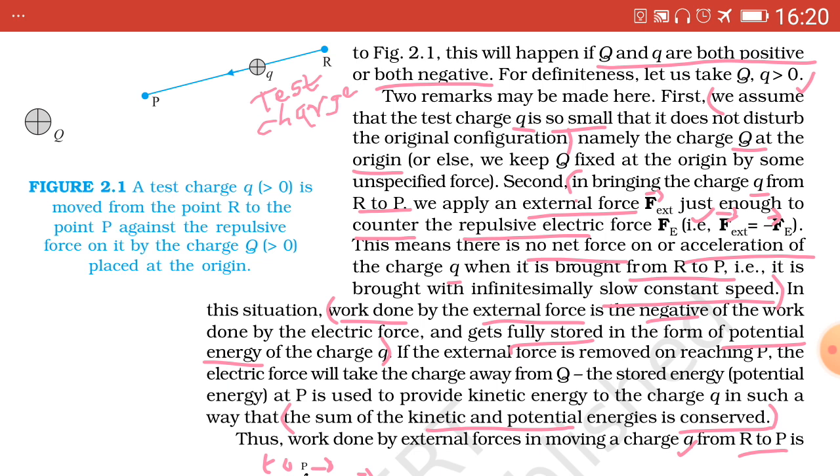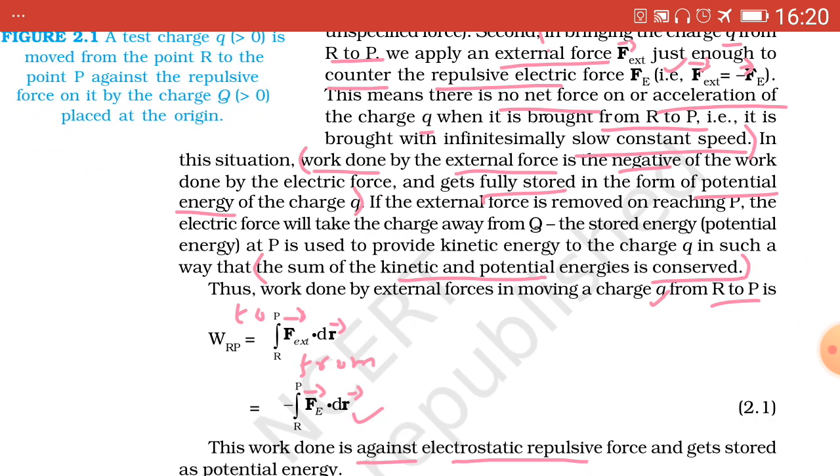Hence, the sum of kinetic energy and potential energy is conserved, which I have underlined in the description.